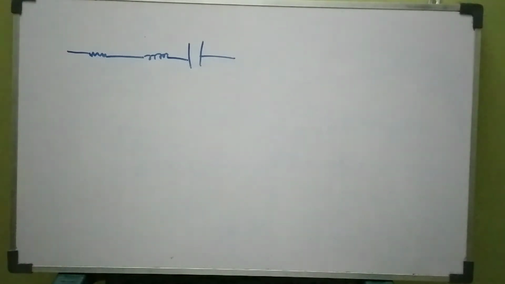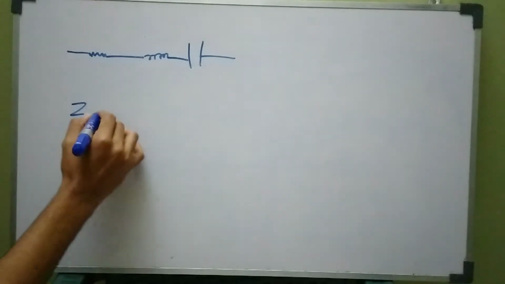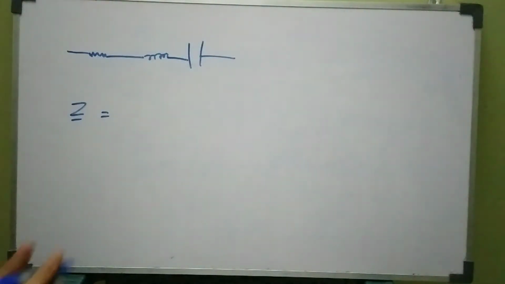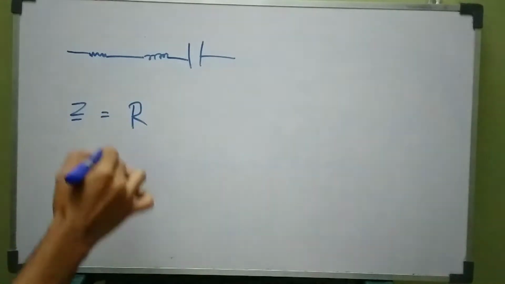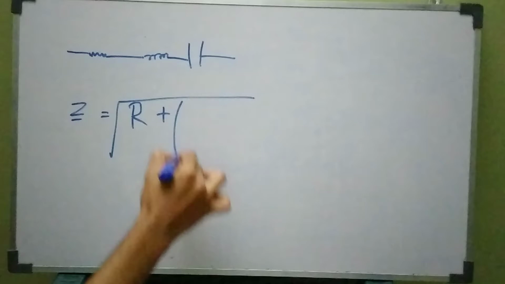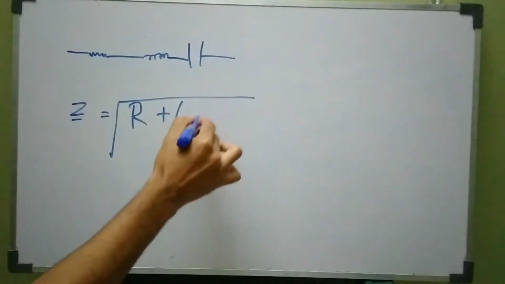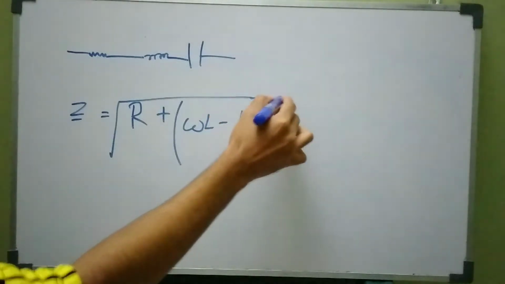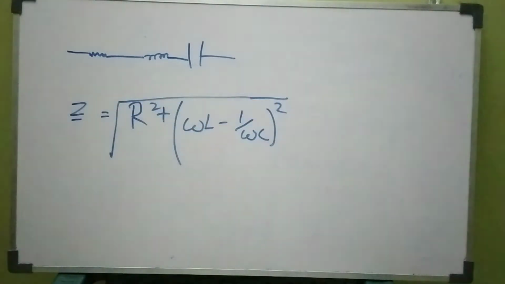If I consider Z, the total impedance, as it is a series connection, we can directly tell Z equals the square root of R squared plus (omega L minus 1 over omega C) whole squared.